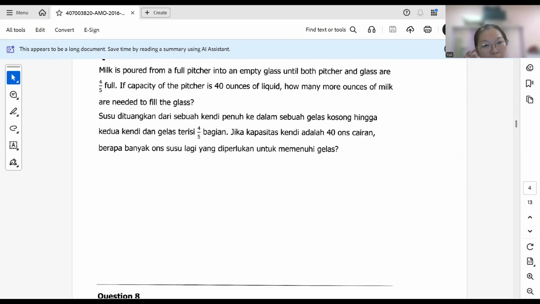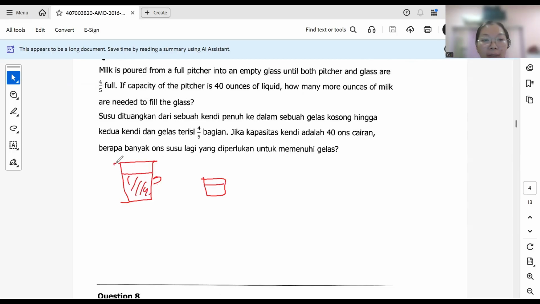Okay, milk is poured from a full pitcher. If you find something like this, it may help if you draw. This is the pitcher and this is the glass. Everything that goes out from the pitcher will go to the glass, right? So it said it's going to be 4/5 full, like this.